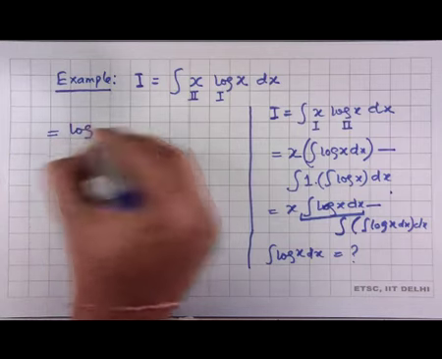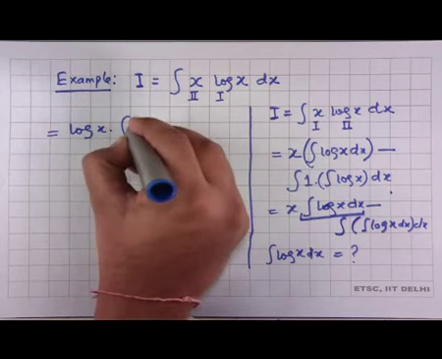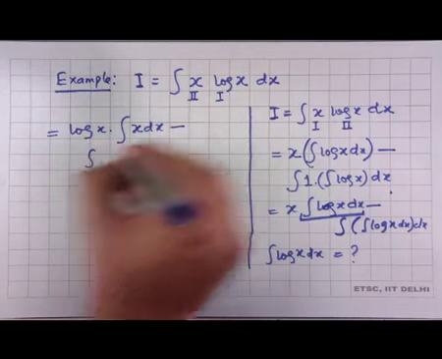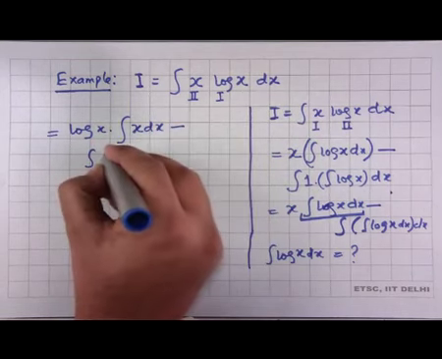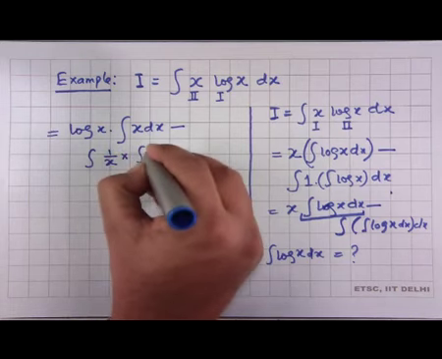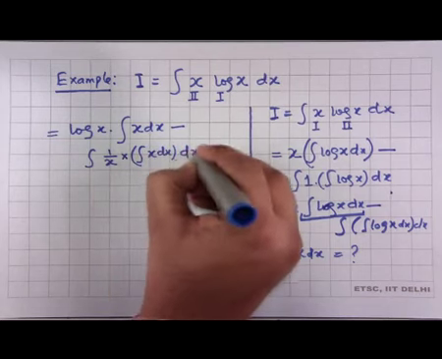So, log x first function, integration of the second, that is integration x dx, minus differentiation of the first, that is differentiation of log x, which is 1 by x, multiplied by integration of the second, x dx, and then whole integration.